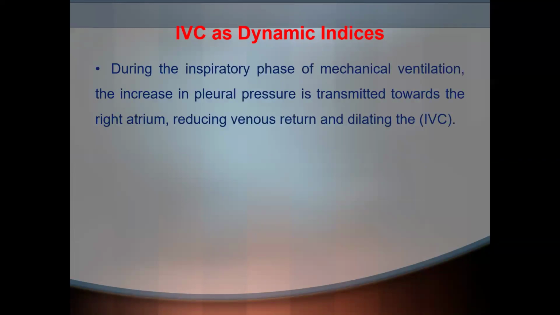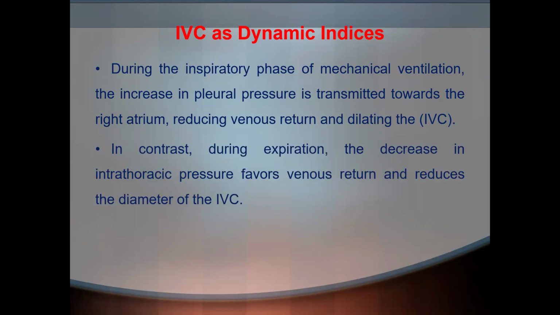Now we will talk about only the IVC because our lecture is about the IVC as a dynamic index. Again, during inspiration of mechanical ventilation, now we are talking about pressure control, the increased pleural pressure is transmitted toward the right atrium, reducing the venous return and dilating the IVC.